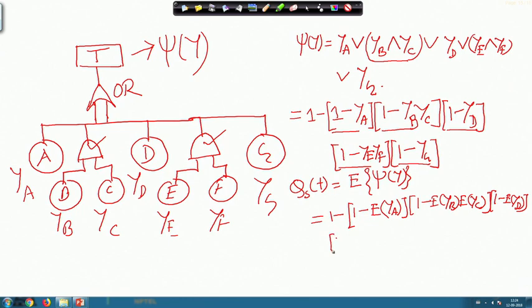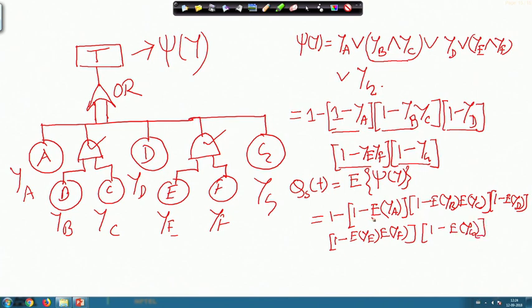into 1 minus expected value of y e into expected value of y f, and 1 minus expected value of y g.